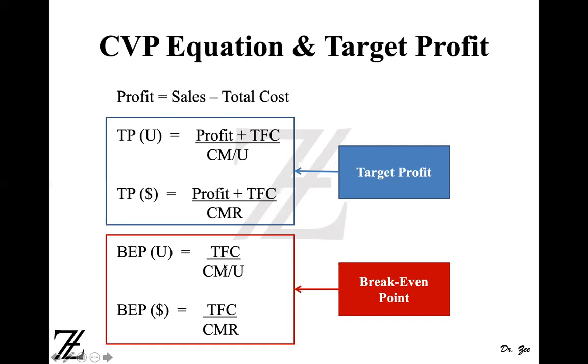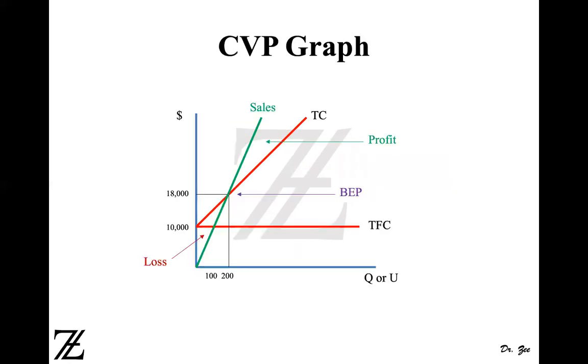Same thing we can do for the break-even point. The first equation we had is break-even point in units equals total fixed cost divided by contribution margin per unit. If we substitute contribution margin per unit with contribution margin ratio, we will get break-even point in dollars. So total fixed cost divided by contribution margin ratio is the break-even point in dollars, which will give you how much you have to sell in order to reach the break-even point, or the y-axis in your cost volume profit analysis.